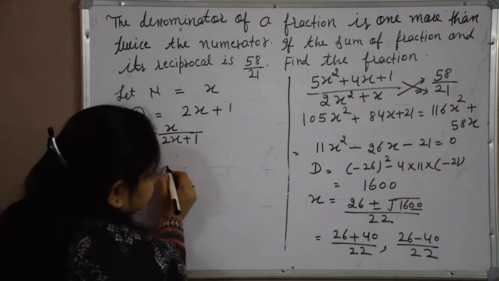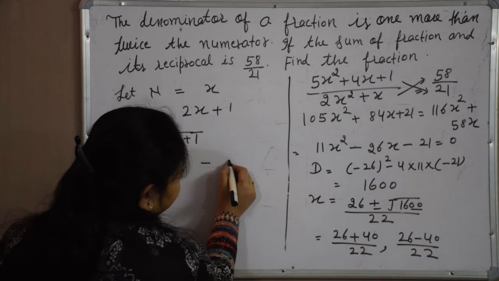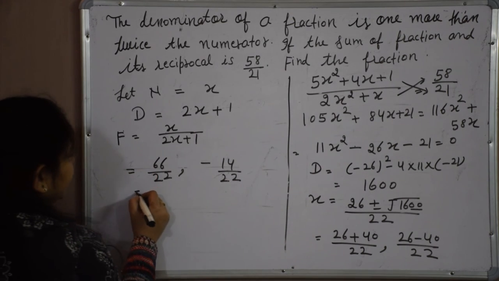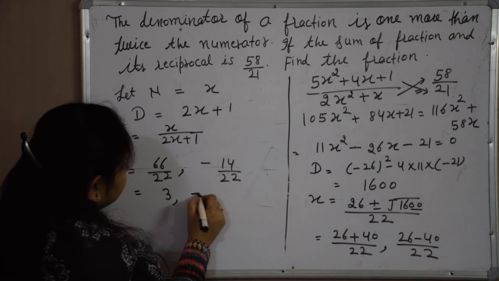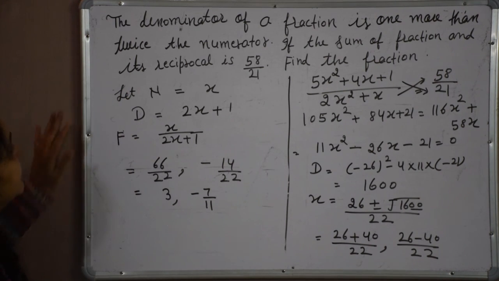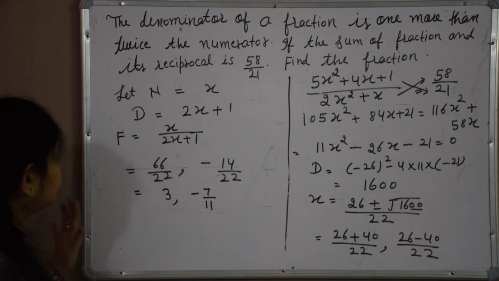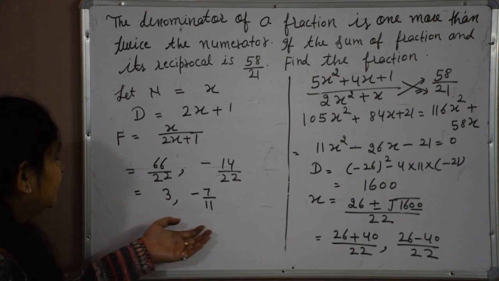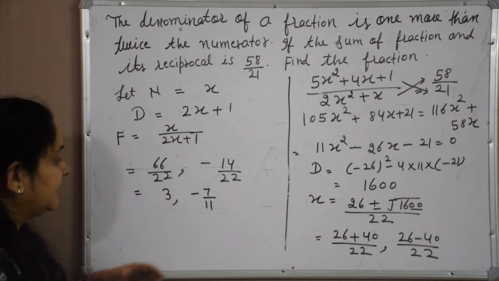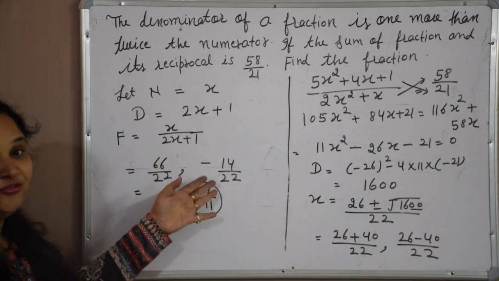Here 66 divided by 22 gives 3, and minus 14 divided by 22 is negative, but it is already given that x cannot be negative here, so we can't take this. x itself here cannot be a fraction.